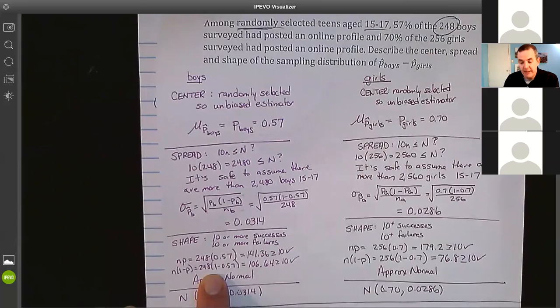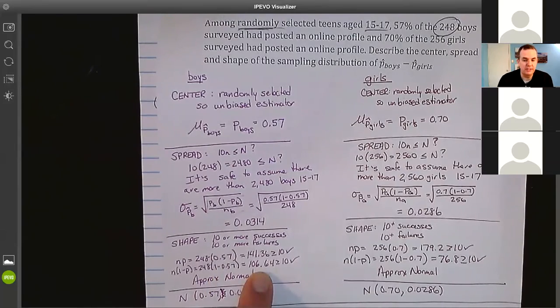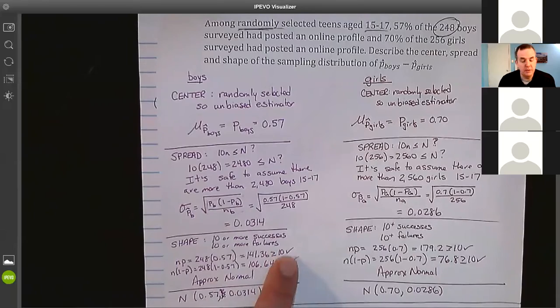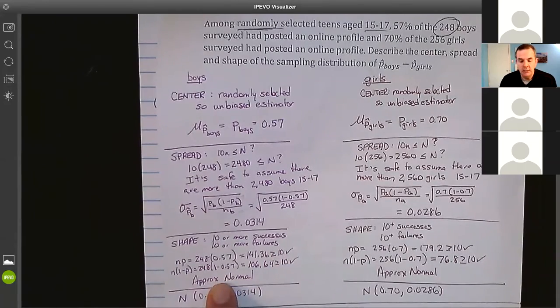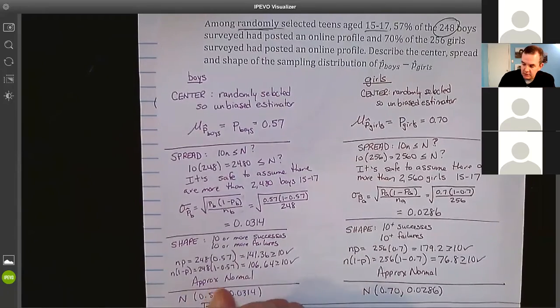I do the same for failures. 248 times the complement, 1 minus 0.57, says 106.64 boys do not have an online profile. Both of those numbers exceed 10. I know the shape of my distribution is normal. So what I'm saying is this is for boys down here.